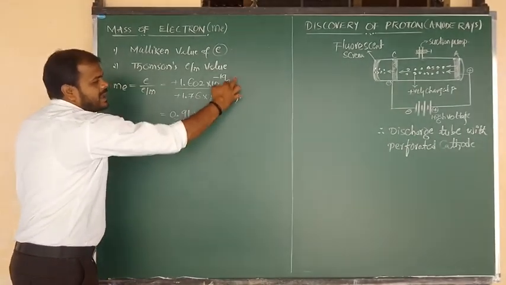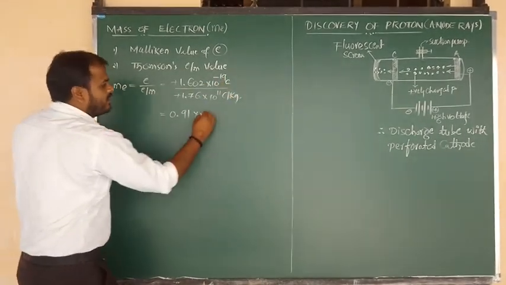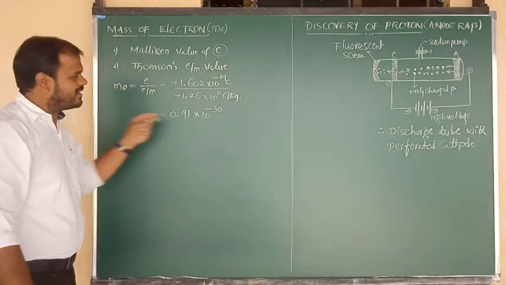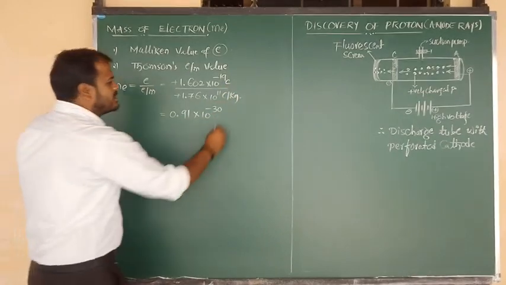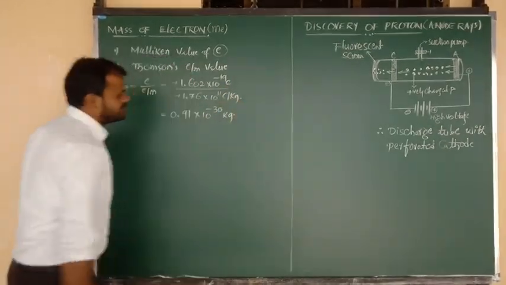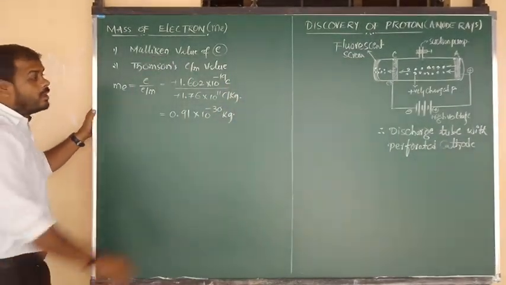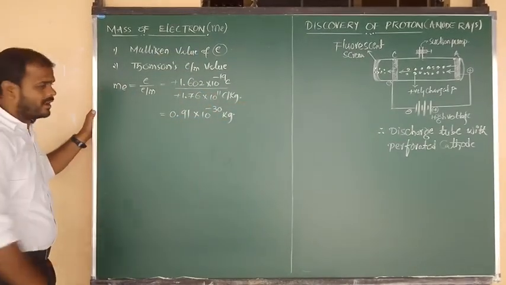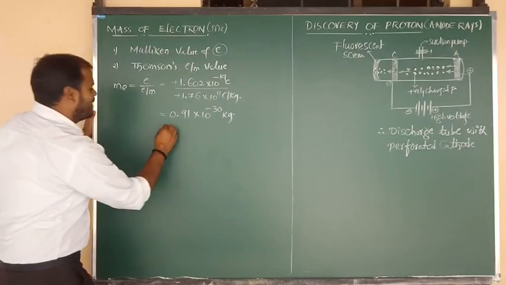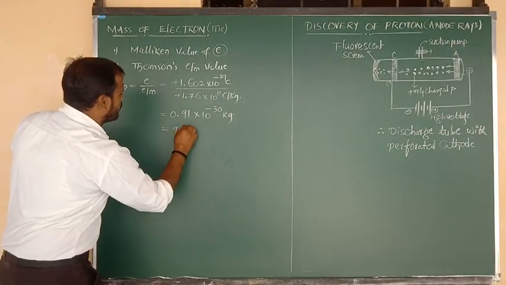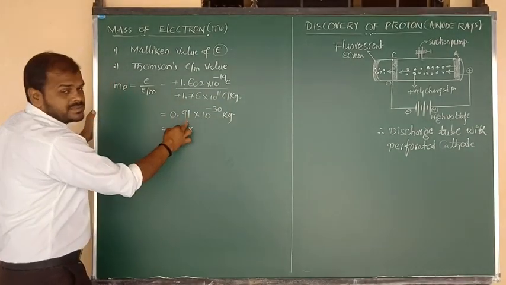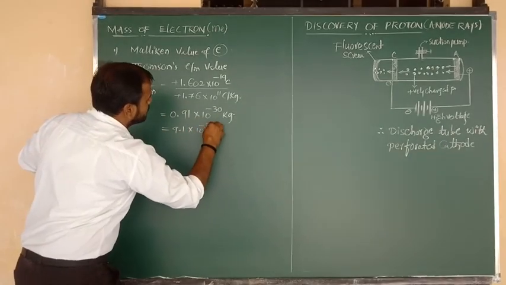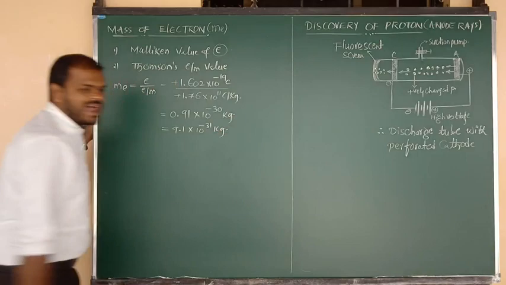When we consider it upside, minus 11 minus 19, we get 10 to the power of minus 30. And this kg will become upside, so we can write kg in the numerator, beta. So when we simplify this data, 9.1 means we are shifting one decimal towards the right side, so 10 to the power of minus 30 becomes 10 to the power of minus 31 kilograms.